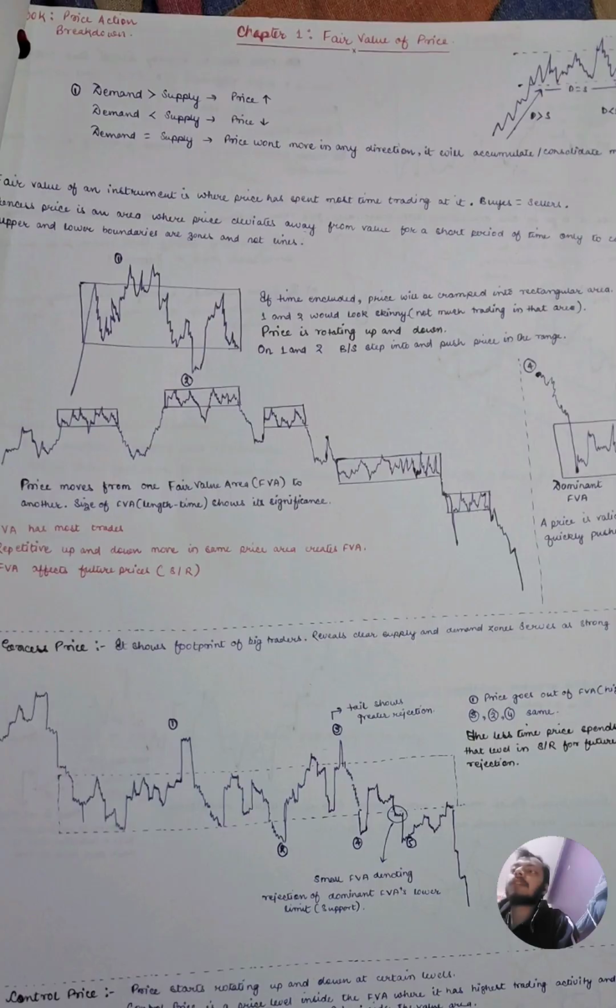He says that price action movement on any chart is the result of the primary objective of the market. What is the objective of the market? The objective of the market is to facilitate trading, that is buying and selling.